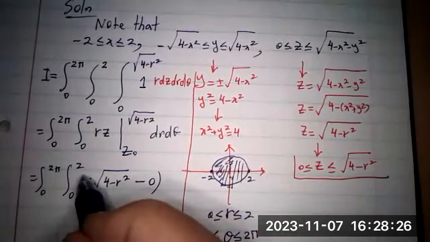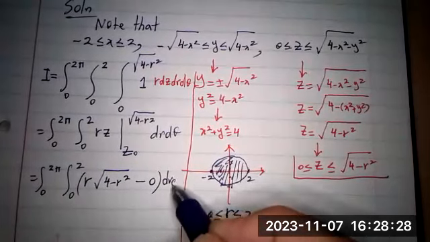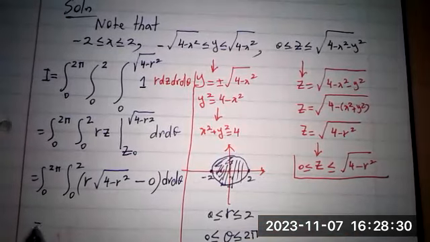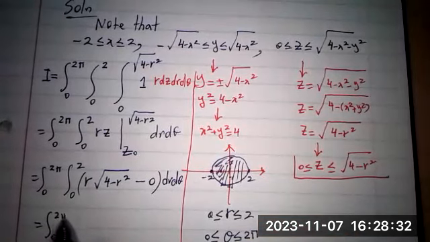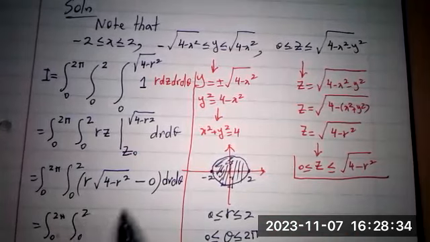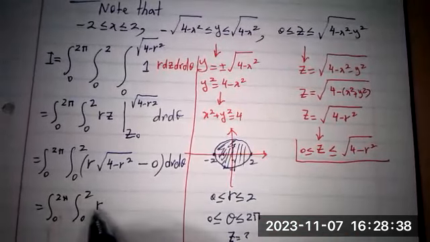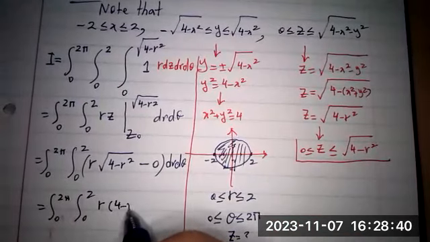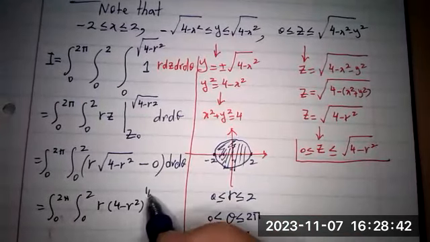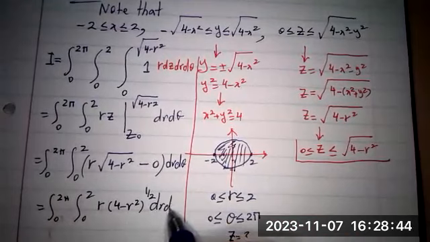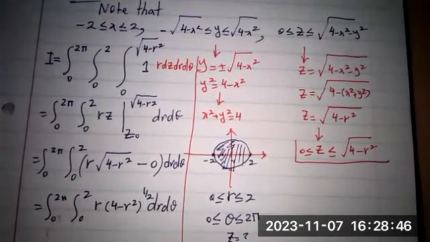When you're done, you integrate with respect to r, then theta. So 0 to 2 pi, 0 to 2, r times, since I want to integrate with respect to r, I change it into 4 minus r squared to the half, then dr and d theta. Any question?